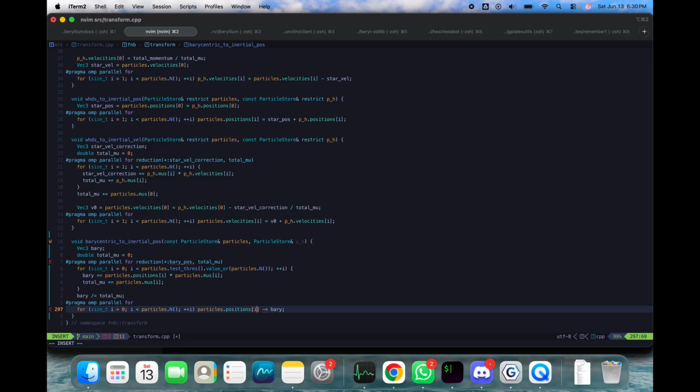Wow, oh my god, that's position index i? Oh yeah, fair. I'm trying to edit. Okay, good thing I have const. That's just the error. Particles.position[i] minus bary. And now you can do this.